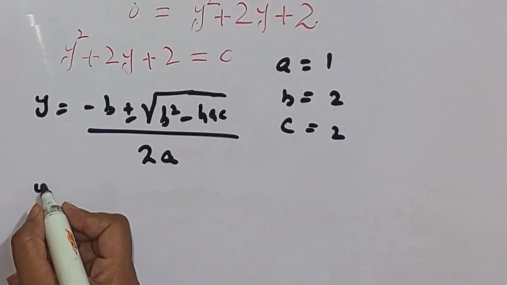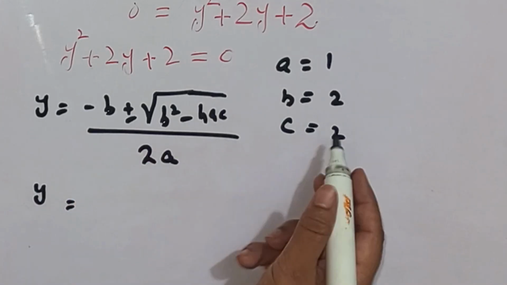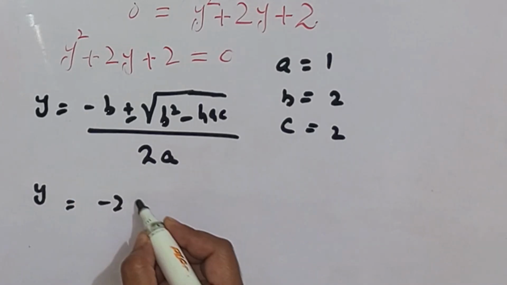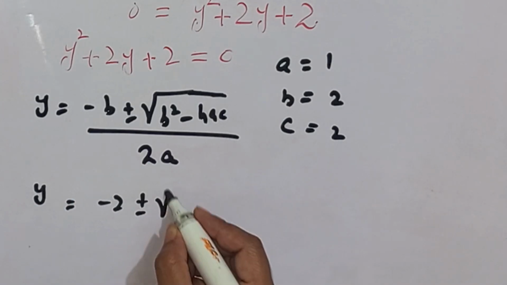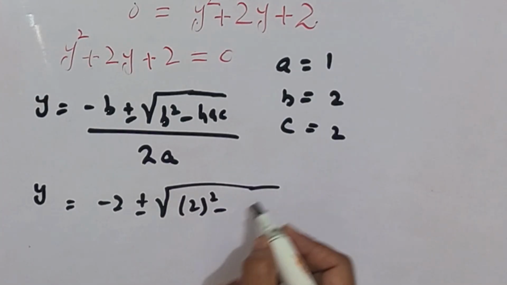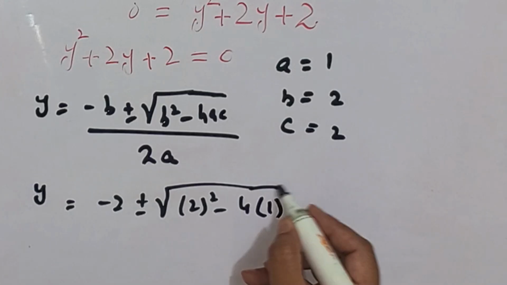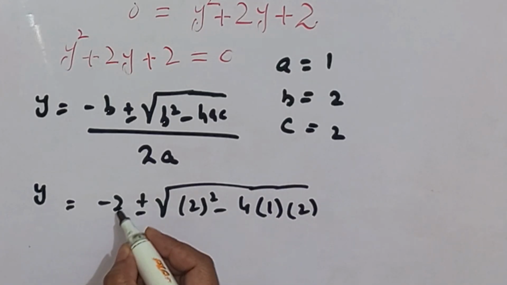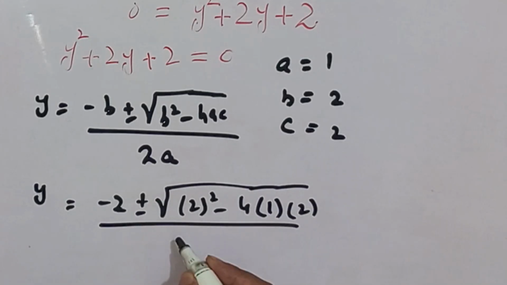So y is equal to, b is 2, so we write -2 plus minus square root 2 square minus 4, a is 1 and c is 2, over 2, and a is also 1.